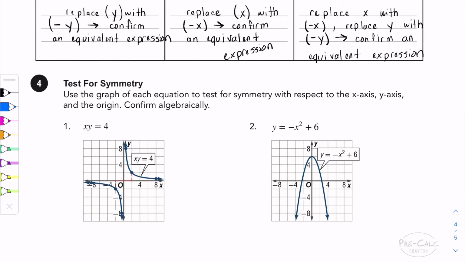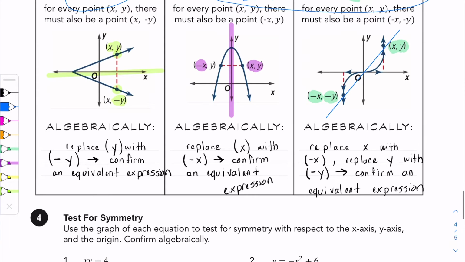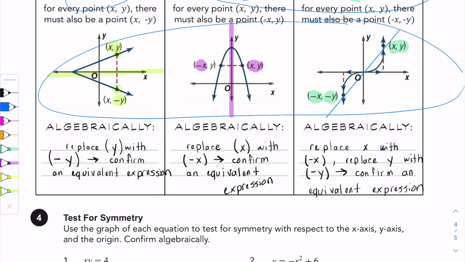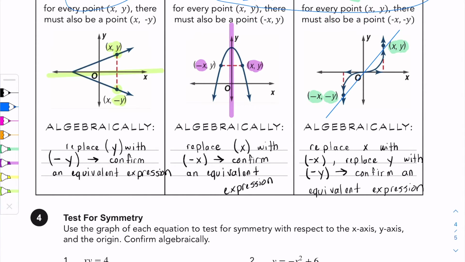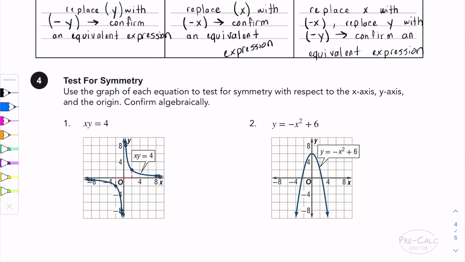All right, if we are testing for symmetry, we want to look at the graph and see if we can match it with any of the symmetric properties that we went over above. Number one, it looks to me like that graph is probably flipped across the origin. Looks like it could be rotated 180 degrees. Looks like it could be reflected across that line, y equals x. But definitely symmetric to the origin.